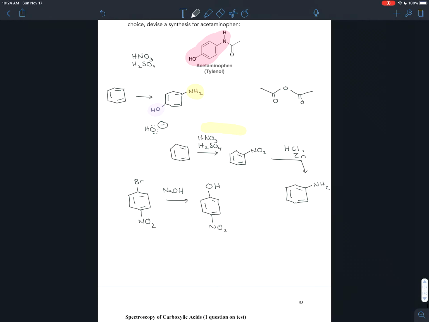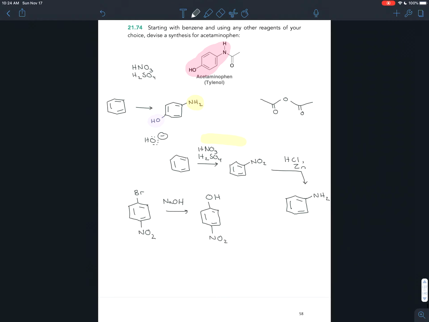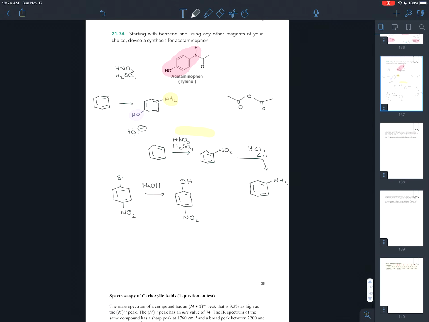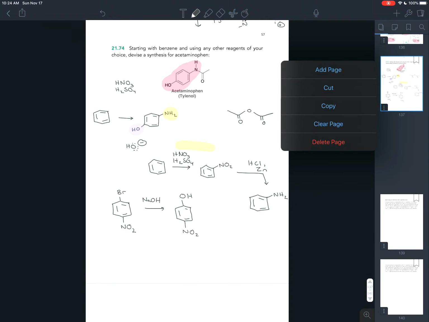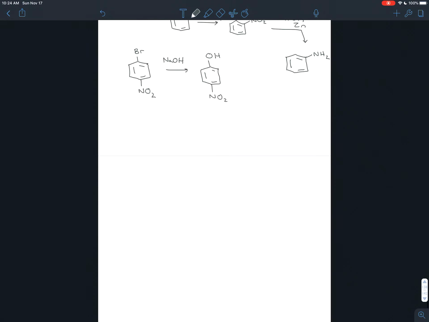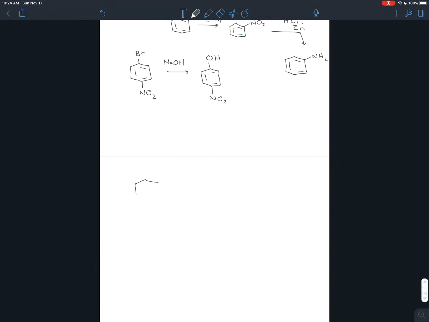Let's think. We know that in order to do this, we have to have these two things on the ring already. We know how to put the NO2 on. We use nitric acid and sulfuric acid. That's what's happening here. How do we put the bromine on? We could put the bromine on a ring, and we've seen this even just in previous exercises in this chapter.